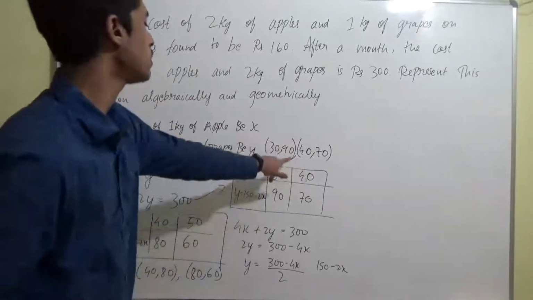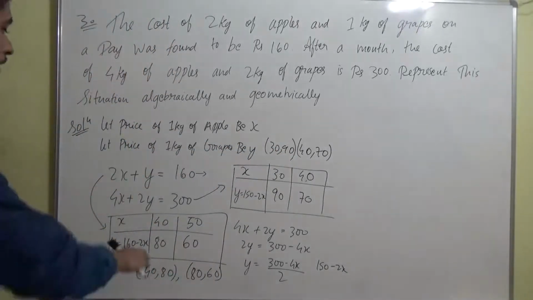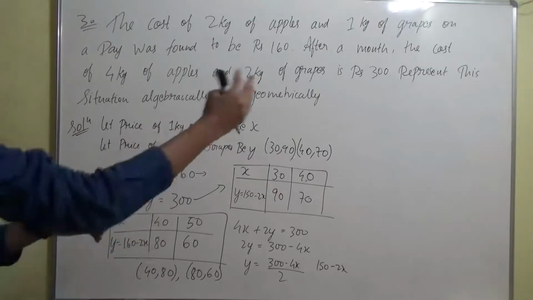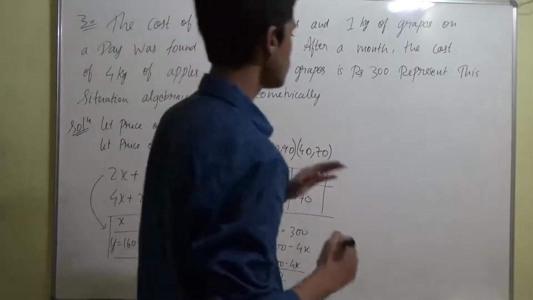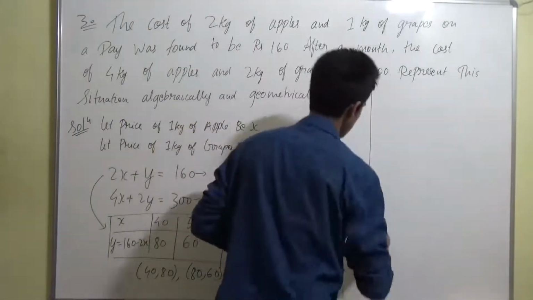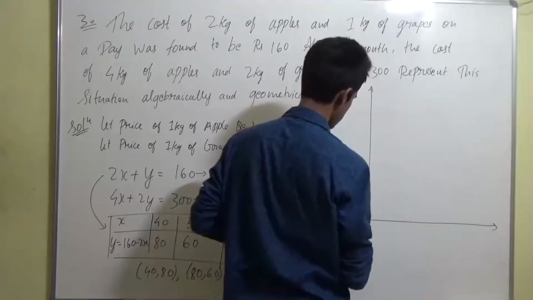Now these 2 points we are going to put in the graph. These 2 points are in the first quadrant itself, like how we did in the previous question. So only one quadrant is enough.